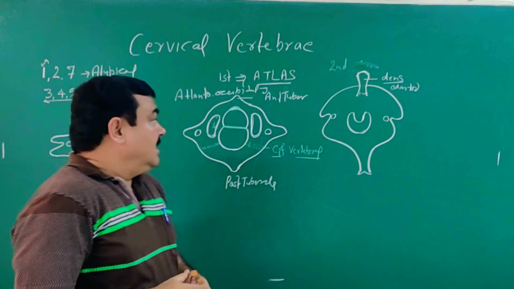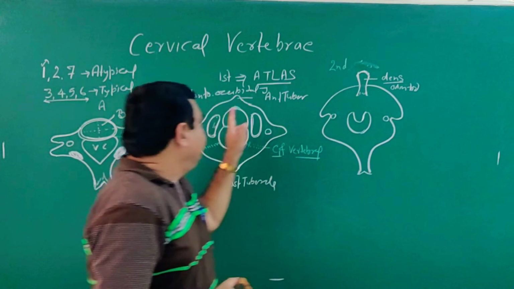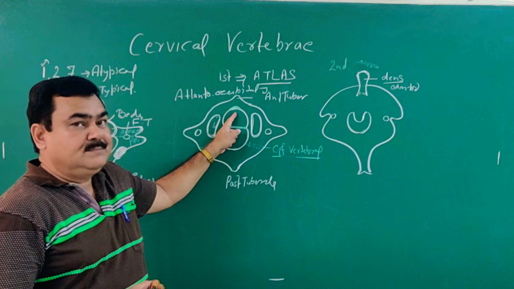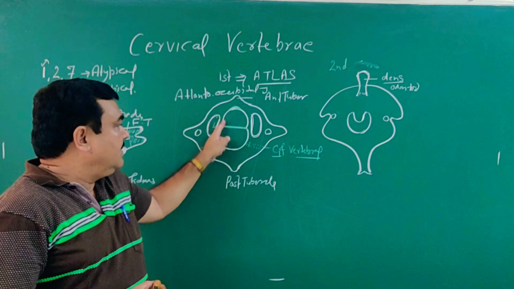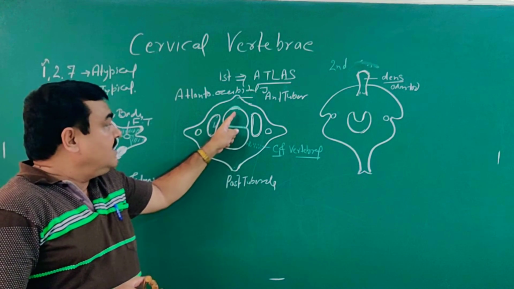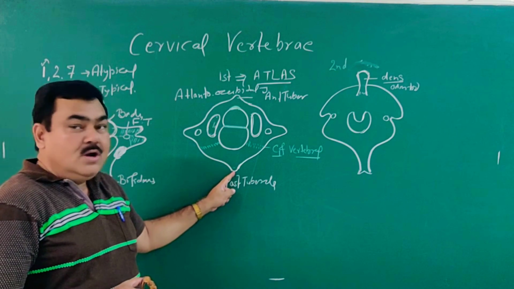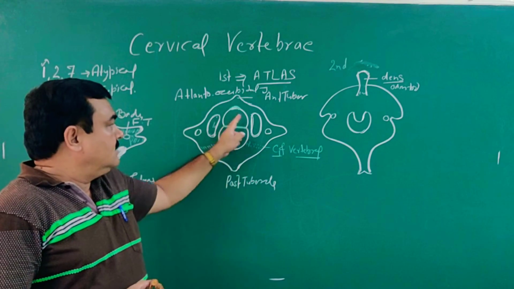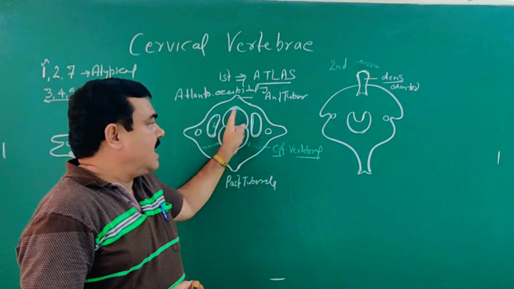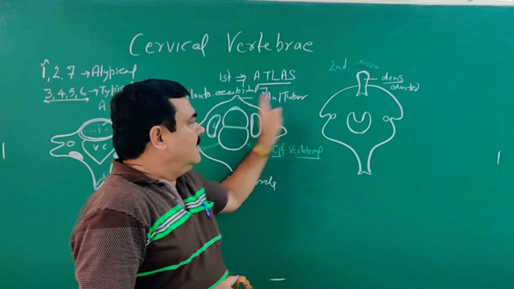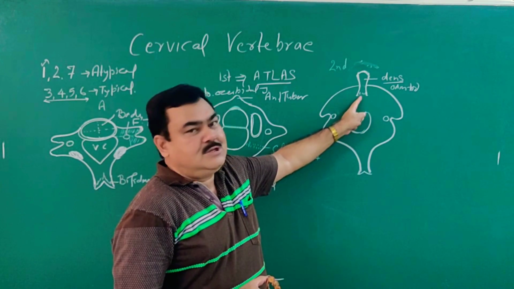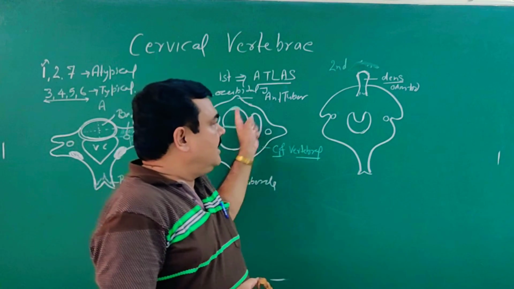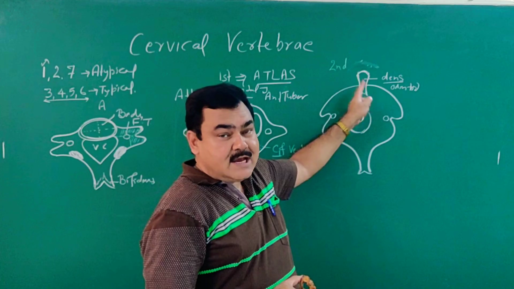Actually, developmentally this is the body of the axis. As you can see here in the atlas vertebra, it is ring-like. It has no body and no spine. The body of the atlas is attached to the second vertebra.